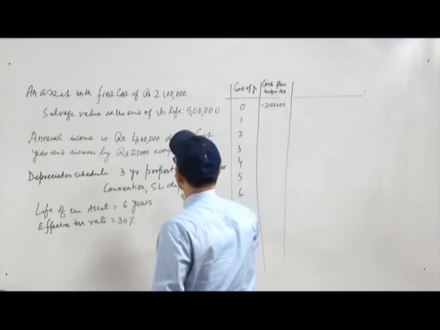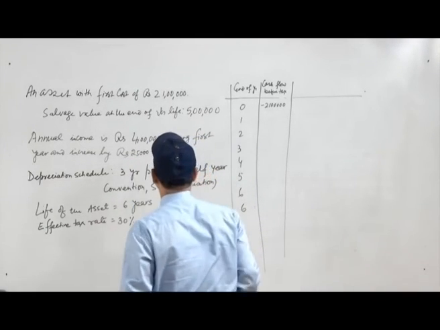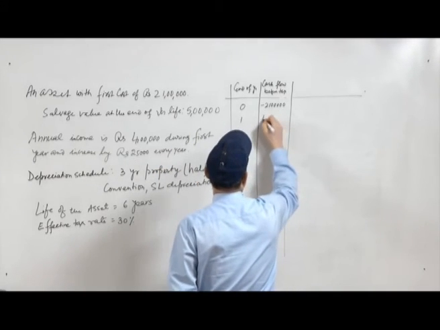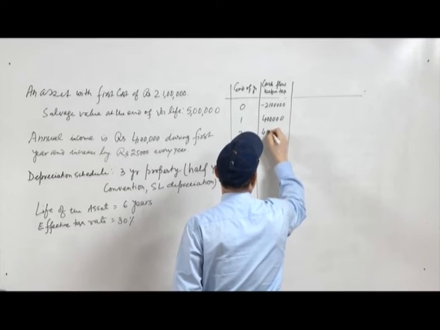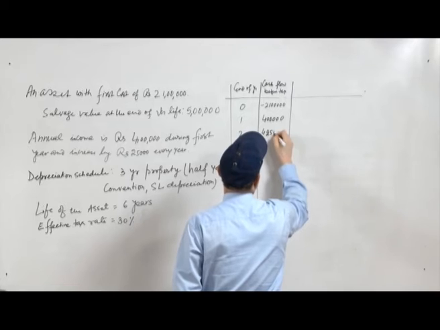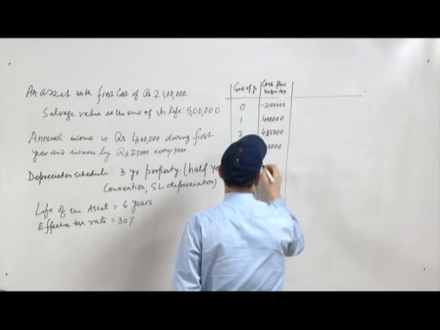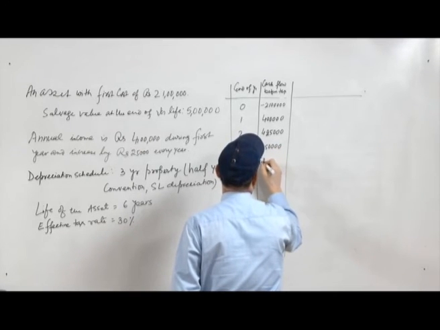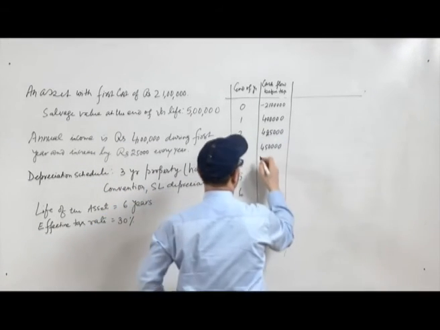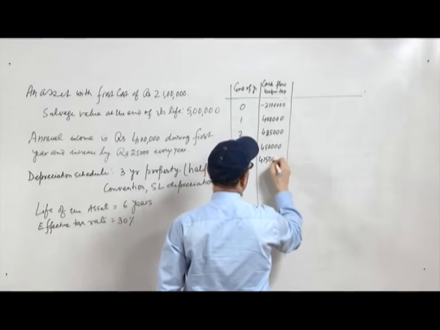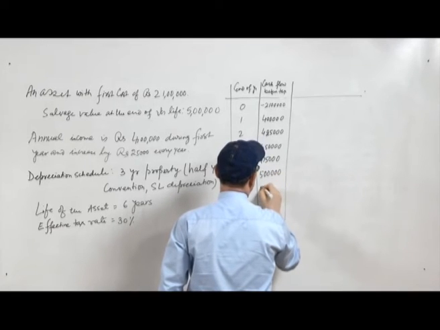Annual income is 4 lakh and it is increasing 25,000 every year. So 4 lakh, 4 lakh 25,000, 4 lakh 50,000, 4 lakh 75,000, this is 5 lakhs, 5 lakh 25,000.